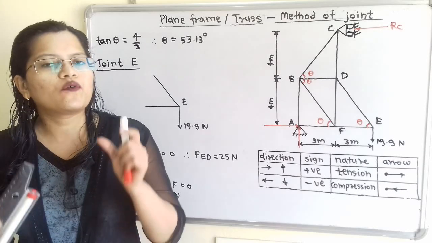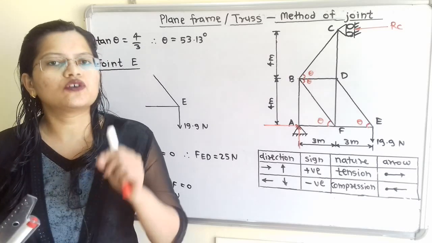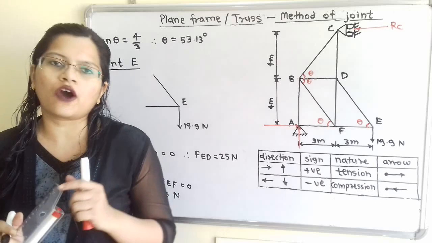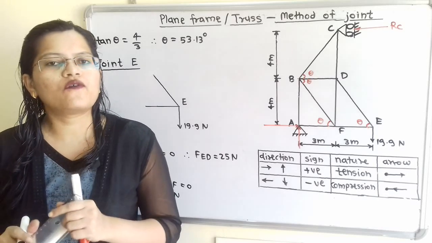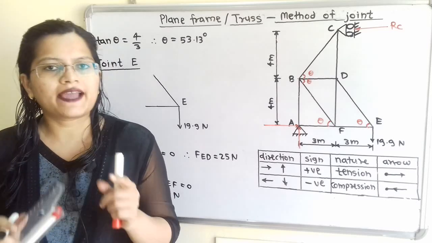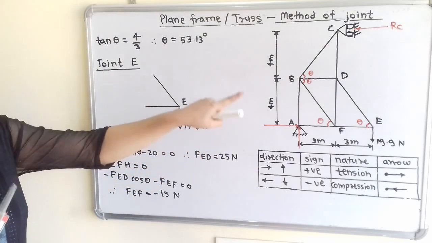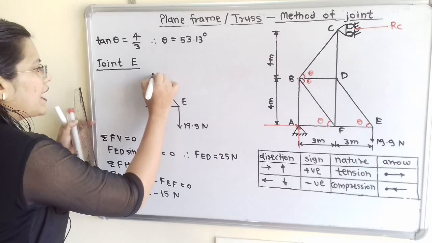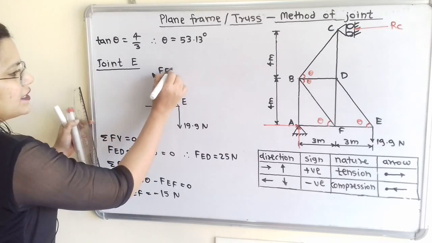Now we will follow one common rule for all the joints. We have to show the direction of these unknown forces always in the outward direction. We have to follow this rule for all questions related to truss by the joint method. So we will take the joint E. Here is the member ED, so for member ED we will show the direction of force in the outward direction, FED.